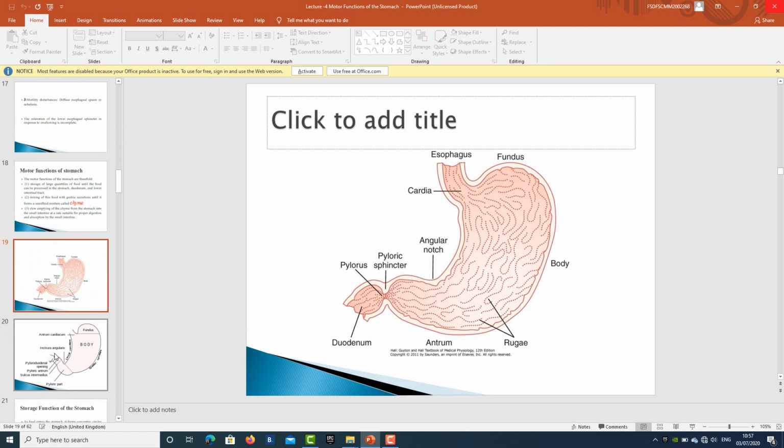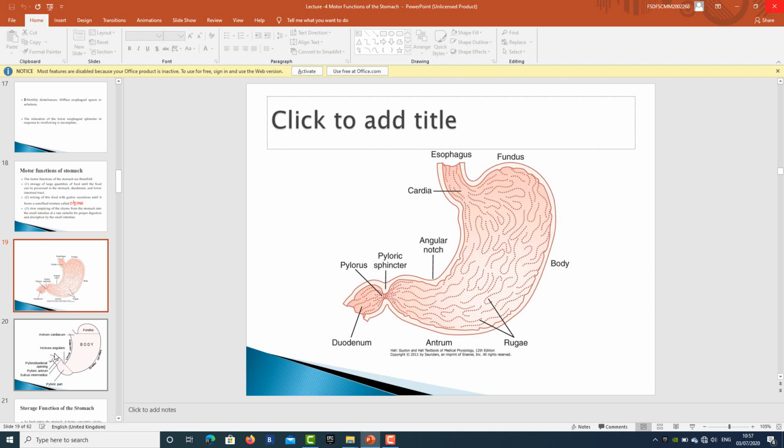So look at this diagram. You can see the anatomical picture of the stomach. It is a J-shaped organ having continuation with the lower portion of the esophagus.